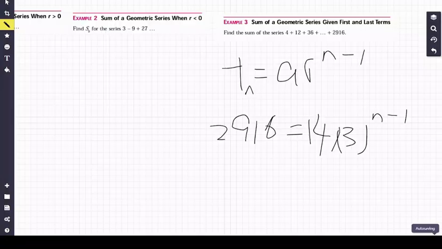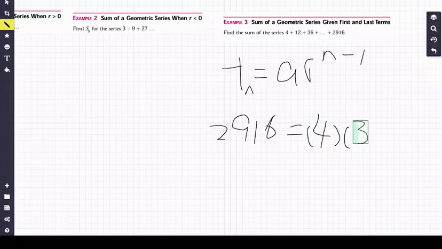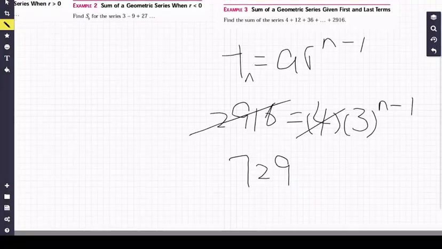Now, how do you go about solving this type of thing? You go ahead and divide 2916 by 4 first. This is 4 if you don't see it. And then obviously you will get 729. There are 2 ways to solve this.